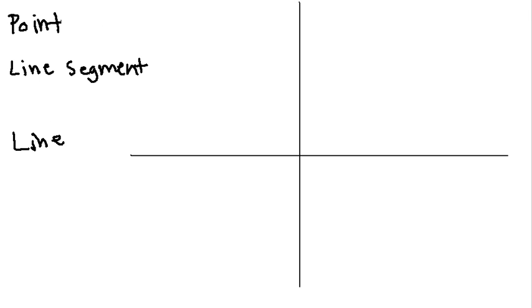There are three main objects that we'll be talking about in our economics. These are points, line segments, and lines. A point is simply a dimensionless object in space, and we denote it using a circle. Now you'll notice that I'm denoting this object in reference to this two-dimensional plane.